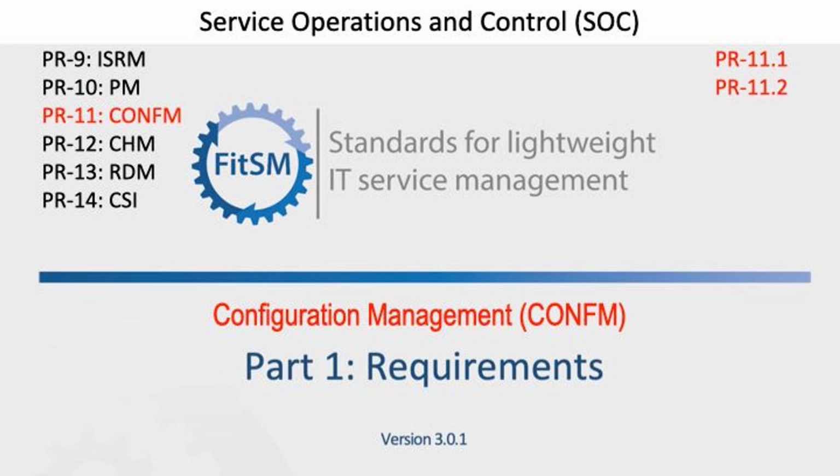PR 11.2 The level of detail of configuration information shall be sufficient to support effective control over CIs. PR 11.3 Information on CIs and their relationships with other CIs shall be maintained in a Configuration Management Database, CMDB.